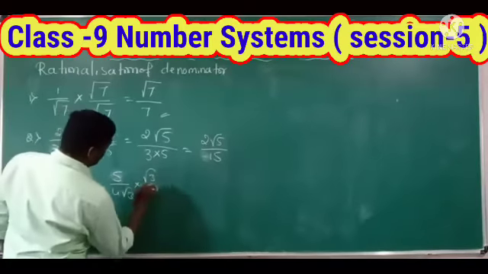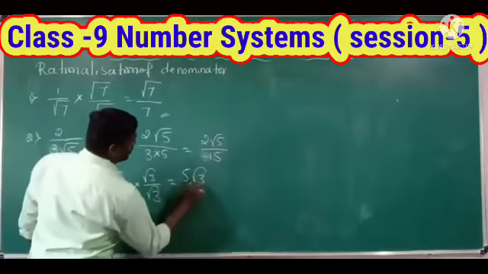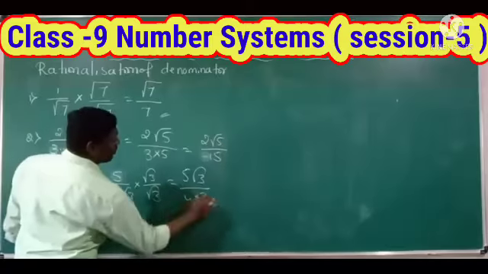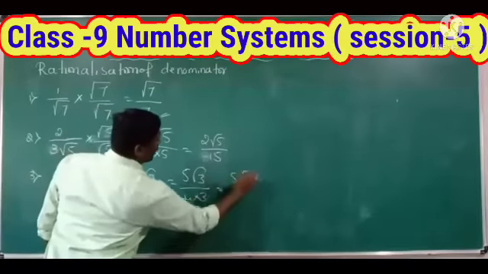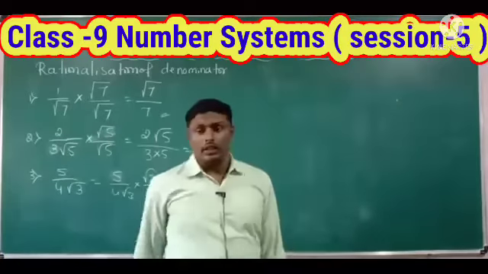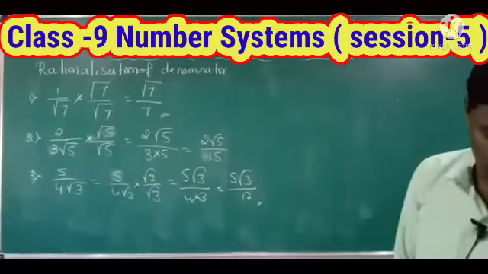So root 3 into root 3, 5 into root 3 is 5 root 3, divided by root 3 into root 3, 3, remaining 4. 5 root 3, write as it is, 4 3s are 12. So these are the required rationalized forms of the given questions.